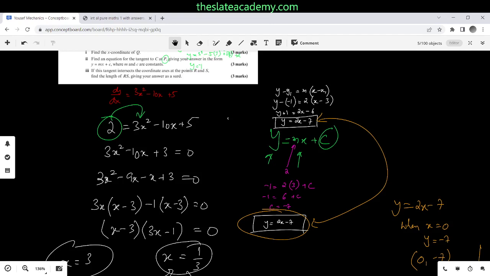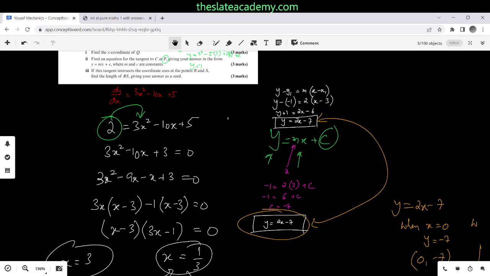Over here 0 comma minus 7, and I have to find the other point where it intersects the x-axis. For the x-axis I will have to put y is equal to 0.